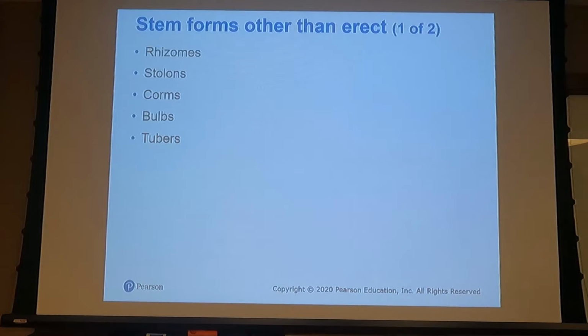Rhizomes, stolons, corms, bulbs, and tubers. List the 5 stem forms other than erect: rhizomes, stolons, corms, bulbs, and tubers.